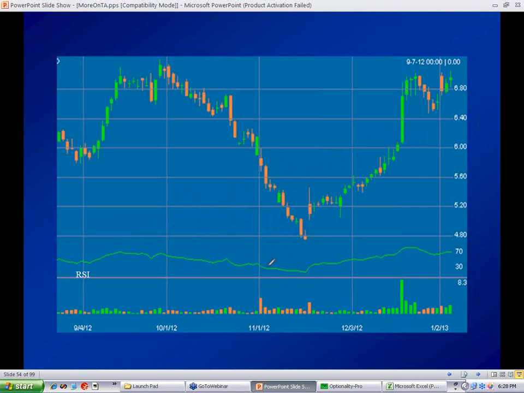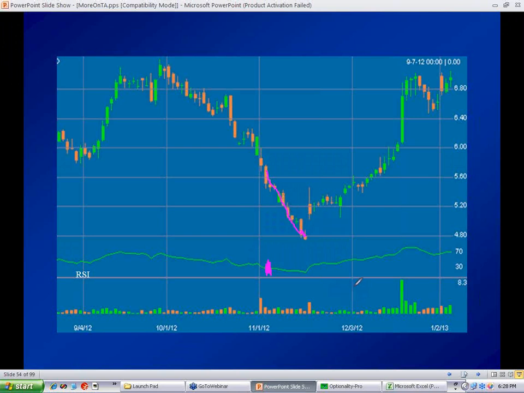Right about here, according to all the technology about RSI, this stock is oversold. However, it keeps falling all the way down to here. How do you know when that thing has stopped falling?